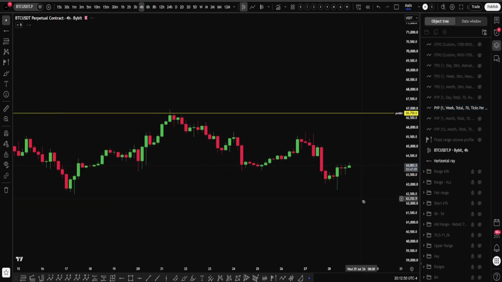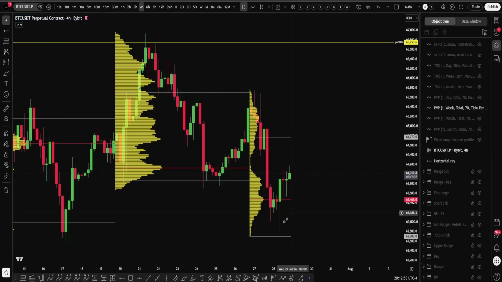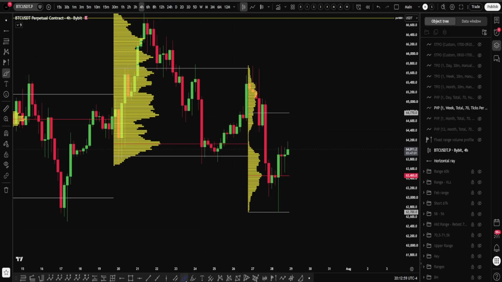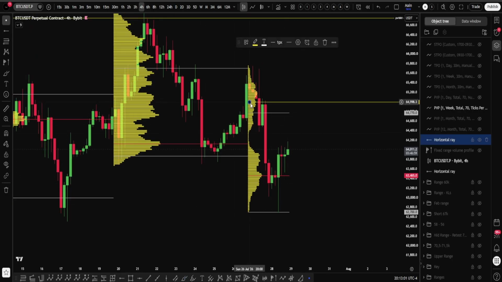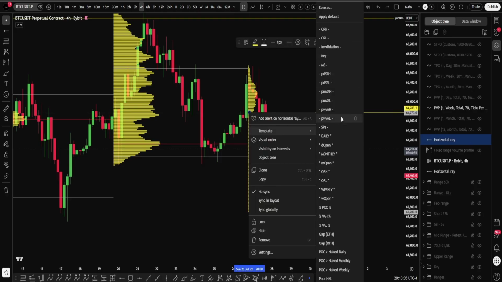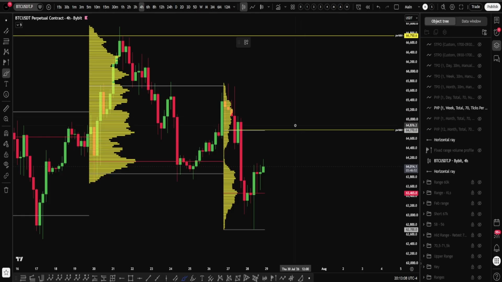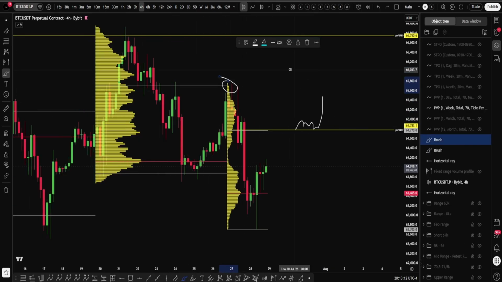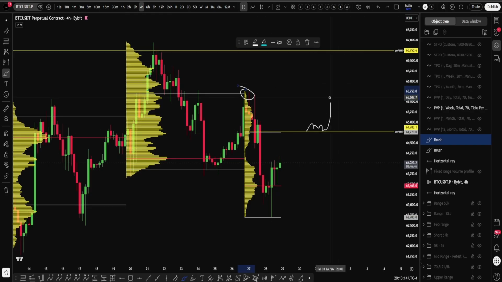So if we use the weekly right now, let's say we break out of our previous week value high, we're likely to see a move up into the next zone, the previous value high level, because that is the last level really.